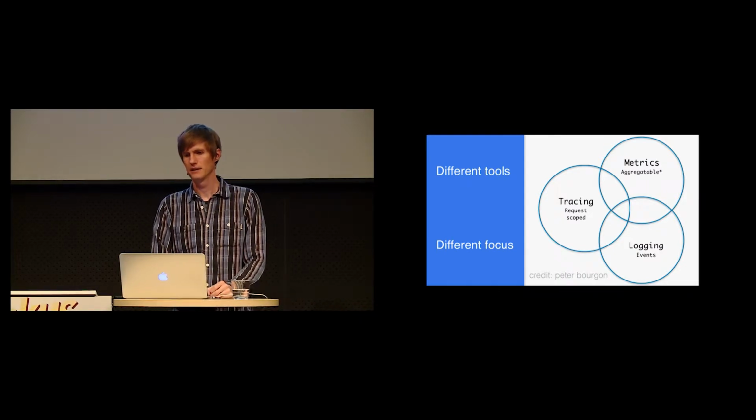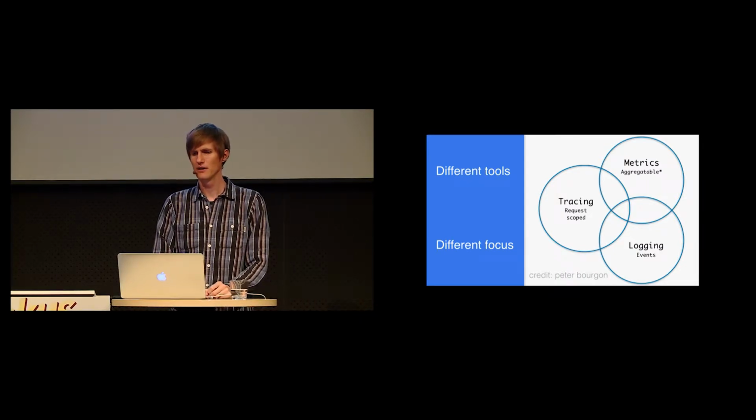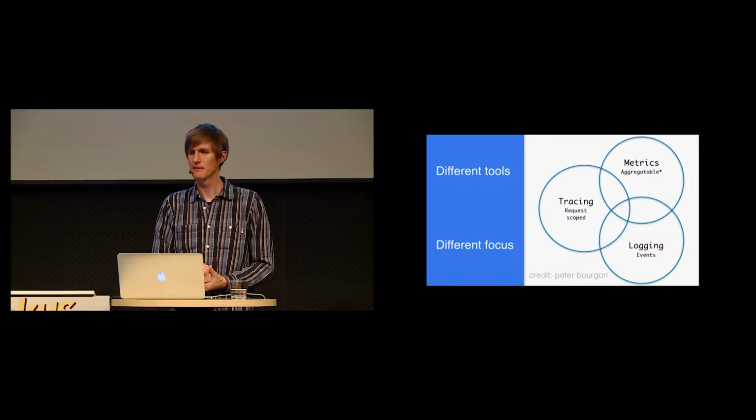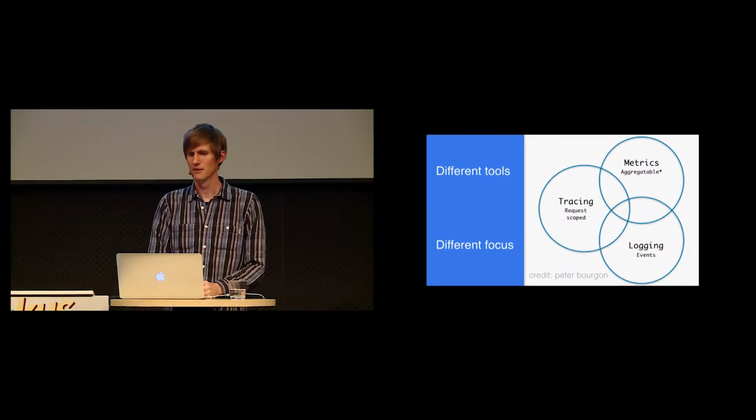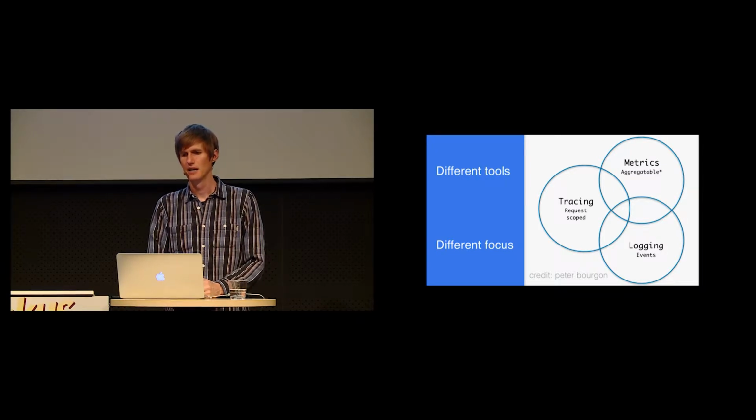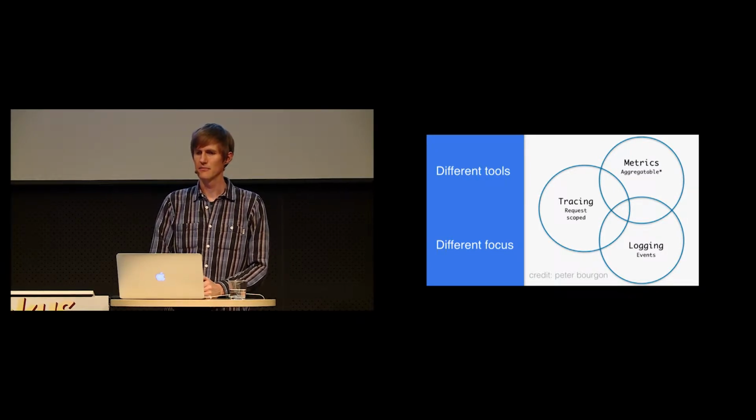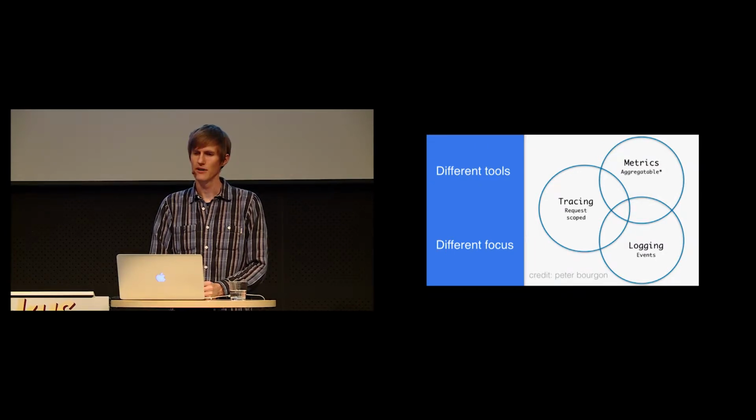Logging and tracing have request scope. Obviously, metrics can be about requests, and they usually are, like our response times. Tracing and metrics have some commonality because of the way that they're aggregated.